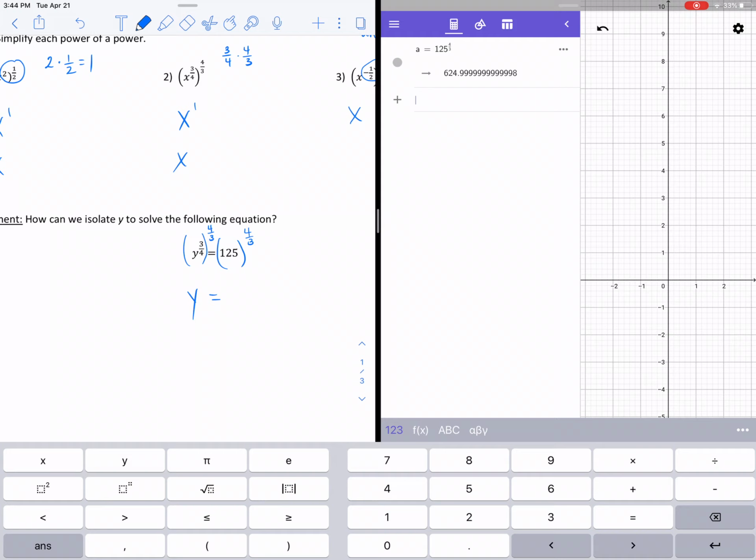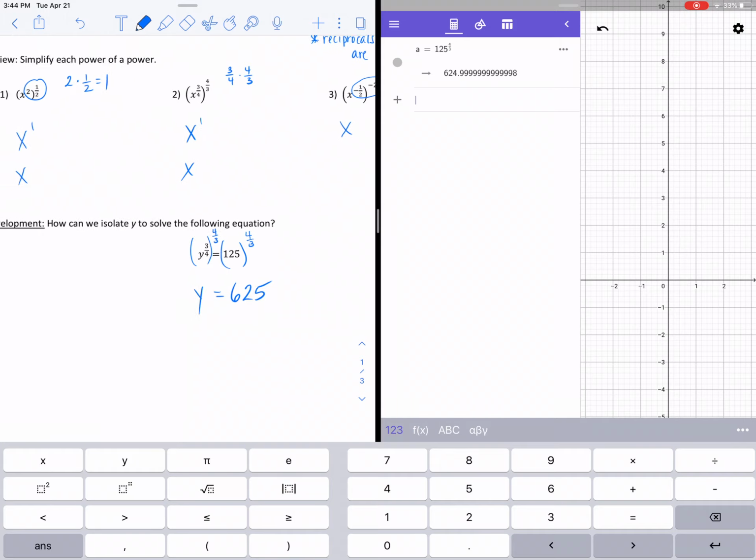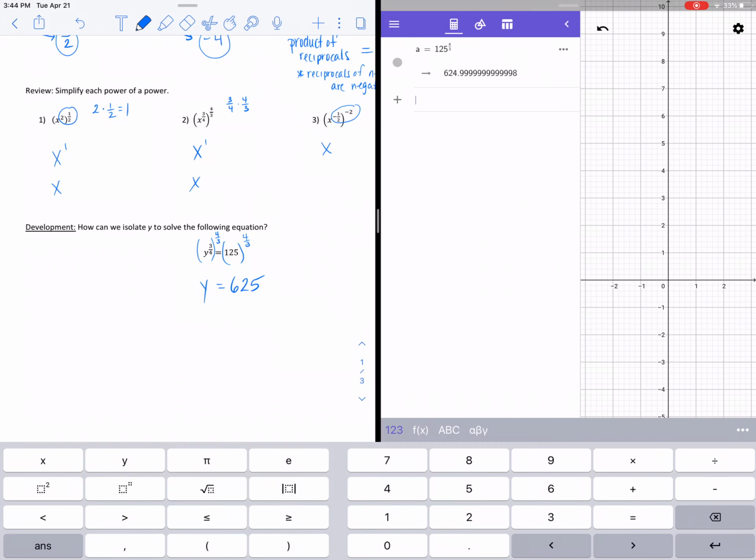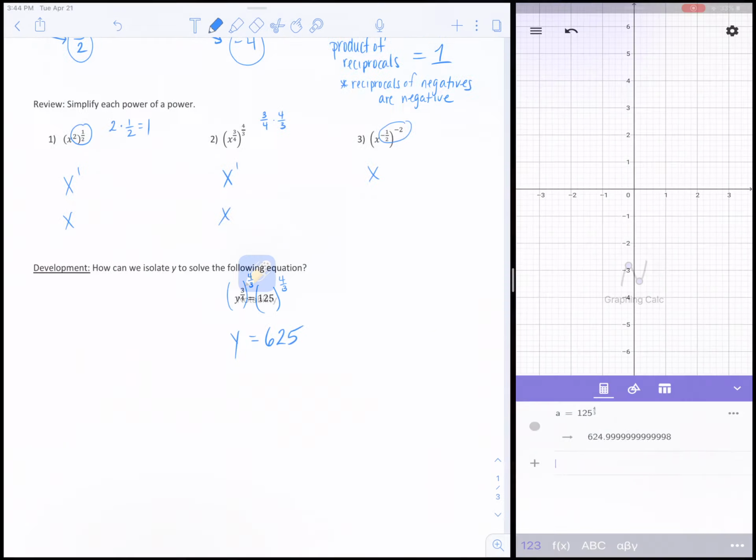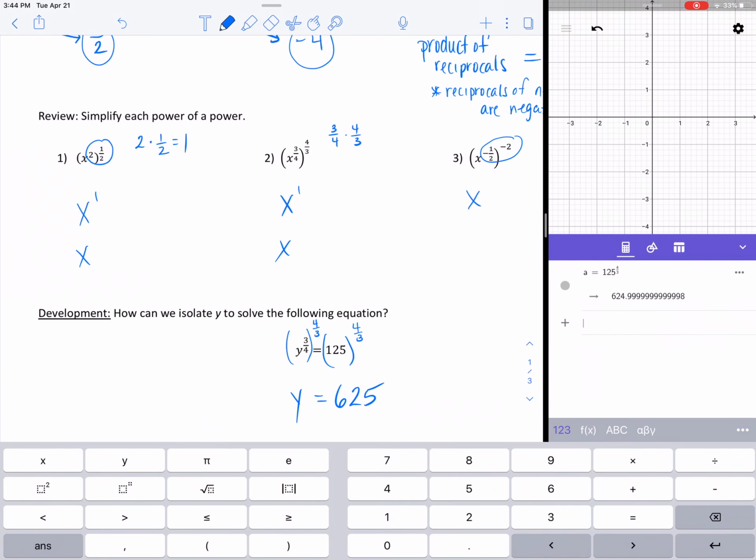Your calculator might not be doing that, but that's 625. It's like one of those weird ones. And that's an exact number that we did not round. And that's your final answer for this. So that's what you're going to have to know how to do today. So you're going to want to be able to put these exponents in the calculator.